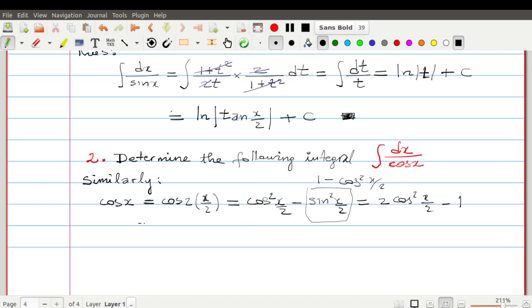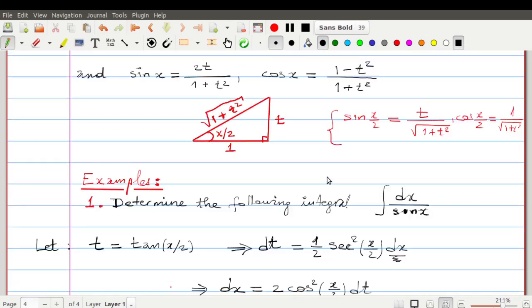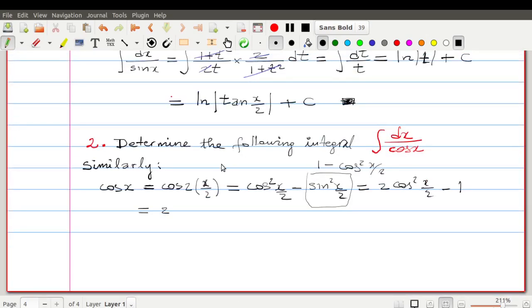So this is equal to 2 times the cosine square of the half angle, which is 1 by 1 plus t squared, minus 1. If we cross multiply, in the numerator I have 2 minus 1 plus t squared, which is 1 minus t squared, over 1 plus t squared. So that's cosine x.